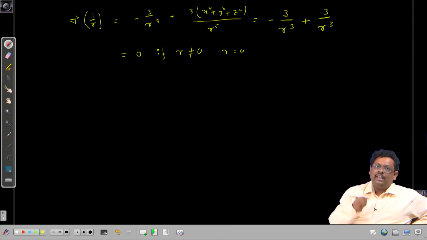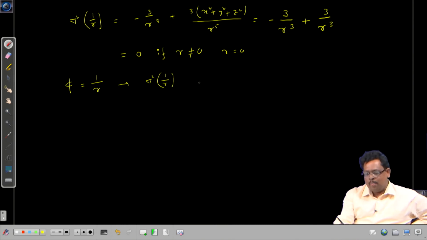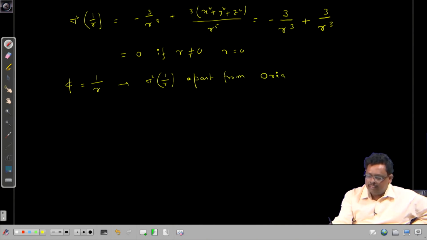So, what I get is a nice thing: this function phi equal to 1 upon r satisfies del square of 1 upon r equals 0 everywhere apart from the origin, that means at r equal to 0.